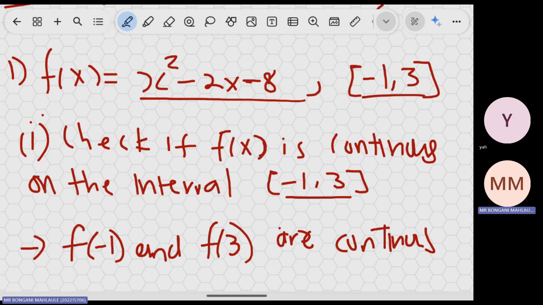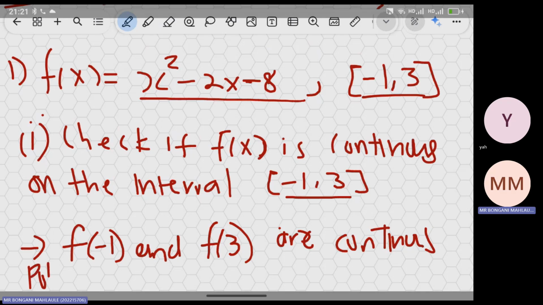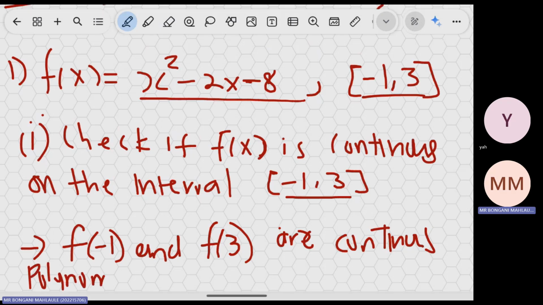You can also add and say polynomials are continuous everywhere, at all points.